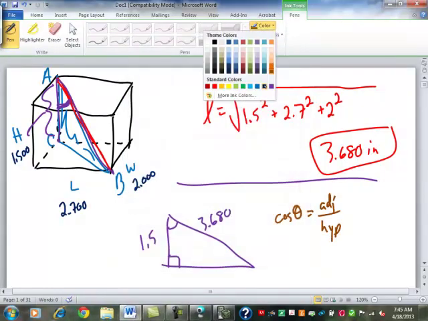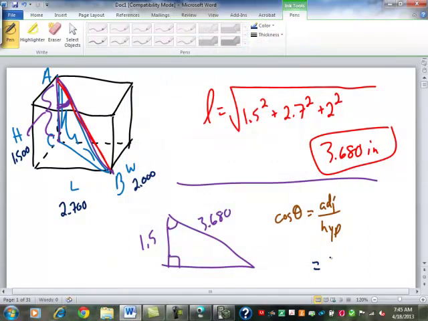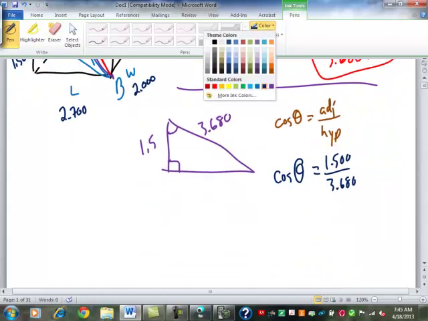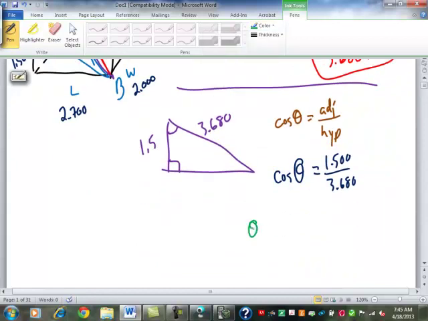Well, what do we know here? We know that the adjacent side is 1.5. We know that the hypotenuse is 3.68. We are looking for the angle, which means we're going to have to do an inverse cosine.